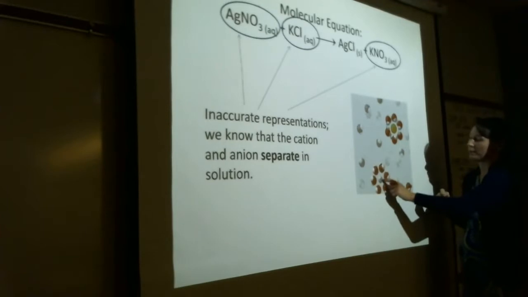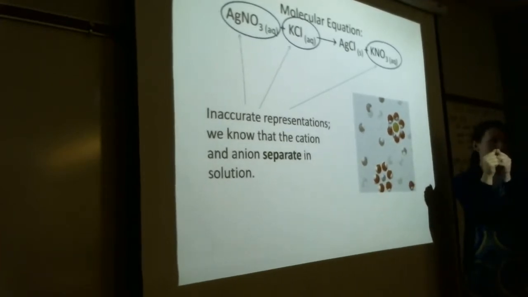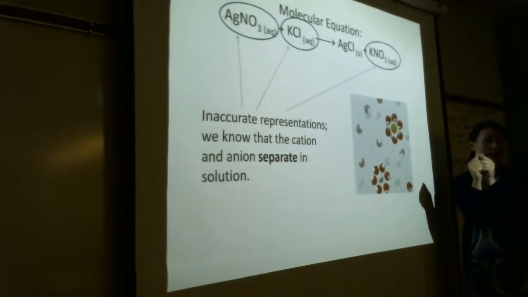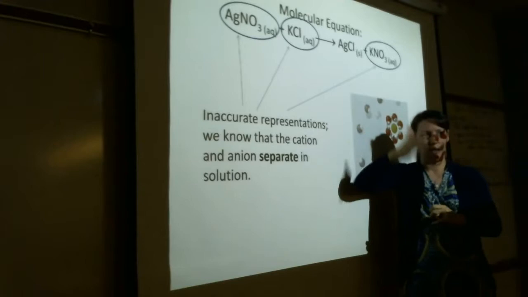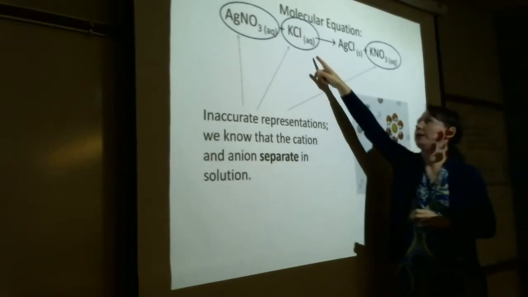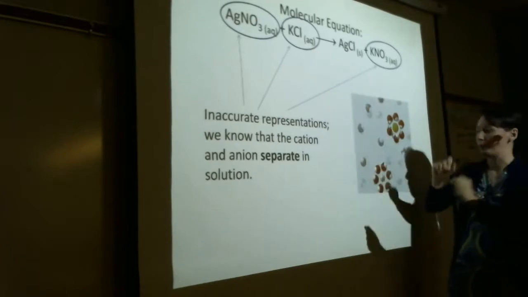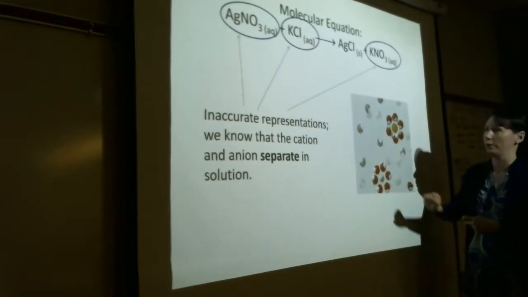K+ is here, Cl- is here. They're not touching anymore. They're not linked together, like in a crystal lattice. KCl solid would be potassium chloride, potassium chloride, potassium chloride, a repeating crystalline lattice. But when you're looking at aqueous, the K+ and the Cl- are split apart, and each of these is hydrated. They're surrounded by water molecules.